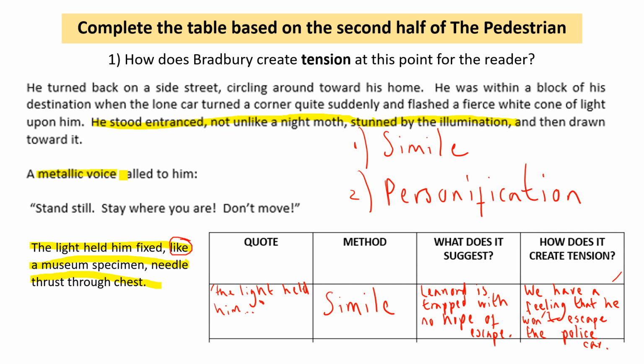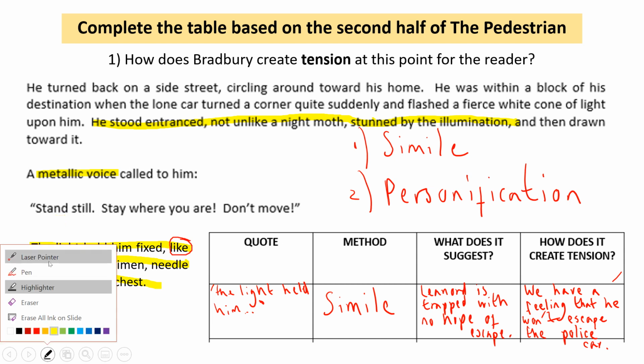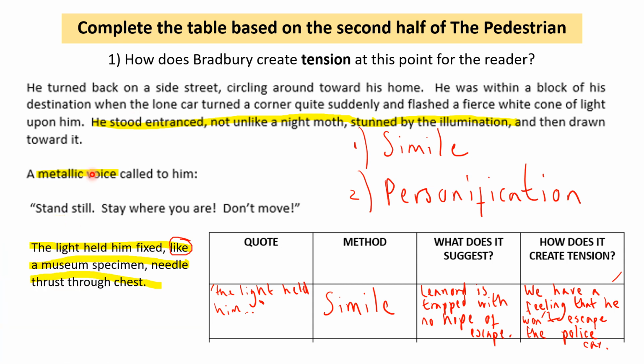The car is personified as a metallic voice. So you now know the next 2 quotes, the method, and now you need to analyse by writing what does it suggest and how does this create tension. Can you pause the video and spend about 5 minutes completing this table now?